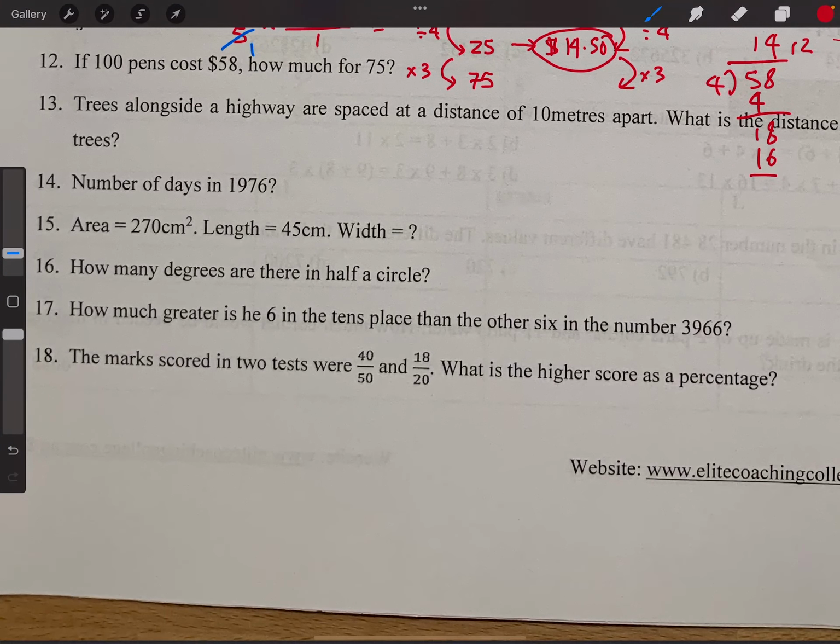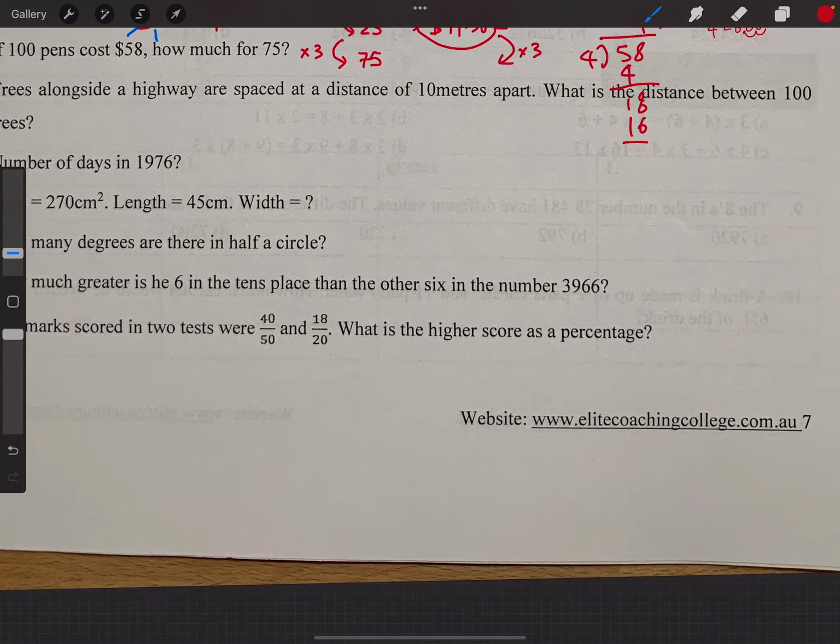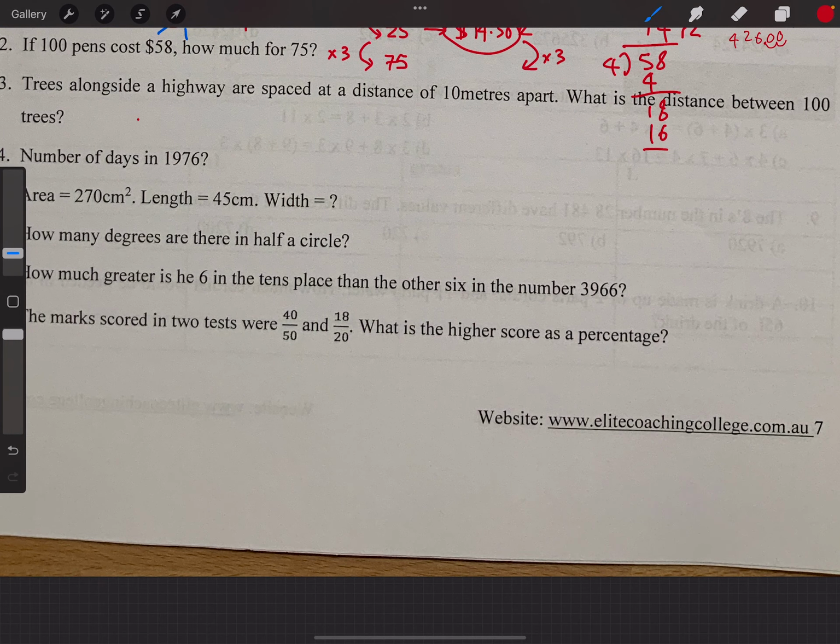Alright, next question. Trees alongside a highway are spaced a distance of 10 meters apart. What's the distance between 100 trees? So you've got 100 trees. How many gaps? The gaps will be 1 less than the number of trees. So that will be equal to 99 gaps.